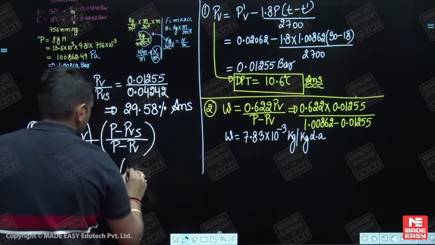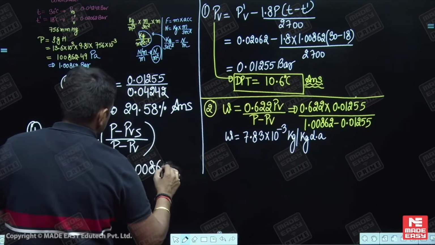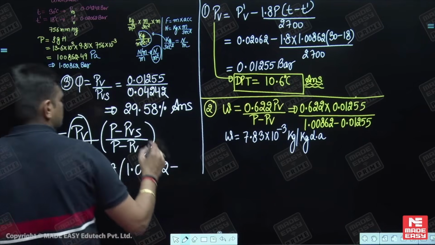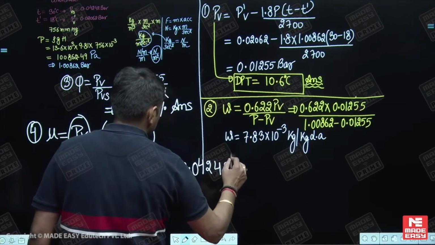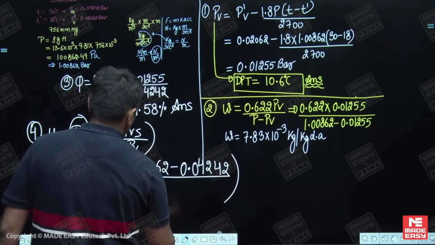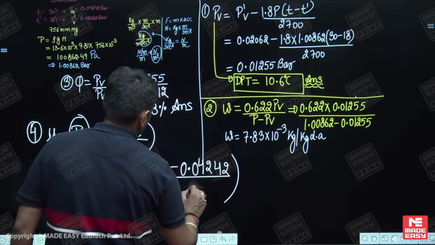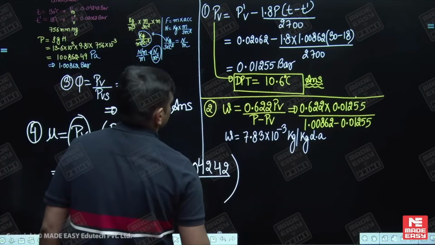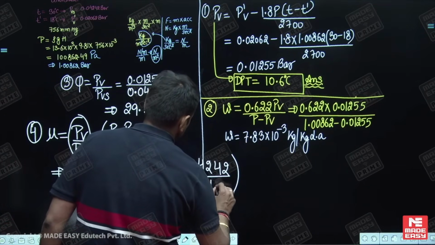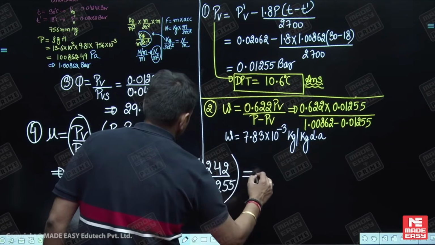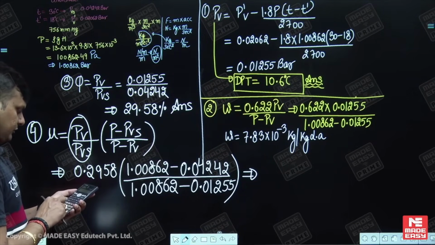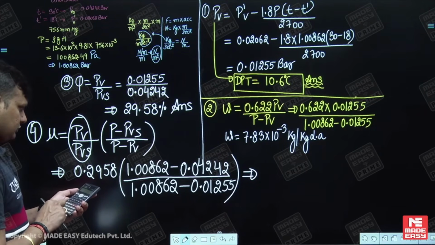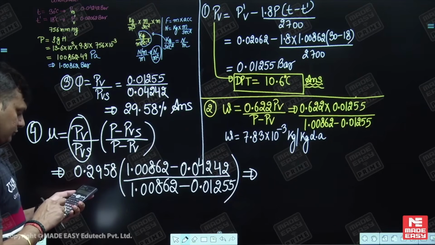So 1.00862 minus PVS 0.04242, divided by 1.00862 minus PV, where PV is 0.01255, into 0.2958.